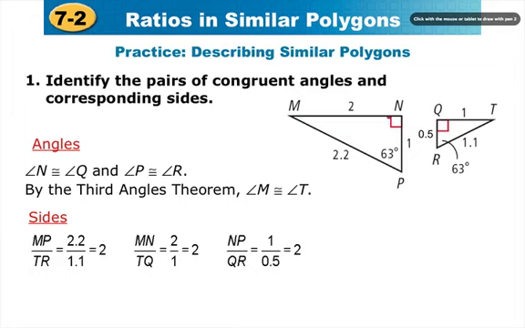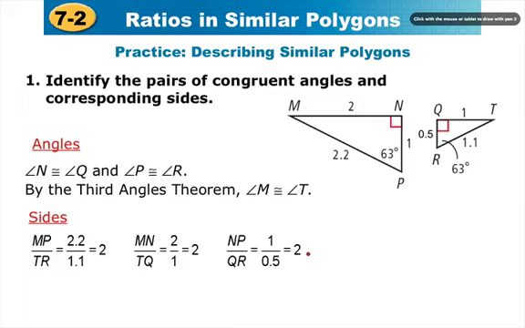This one is the side that has the middle length. So out of these three sides, which one has a middle length? You know it cannot be this one, because it's the hypotenuse, so it's going to have to be this one. If you compare the numbers, you should be able to see that this is the middle side length. That's why I have 2 over 1, and you end up with 2. Same thing here, and they all equal the same ratio.